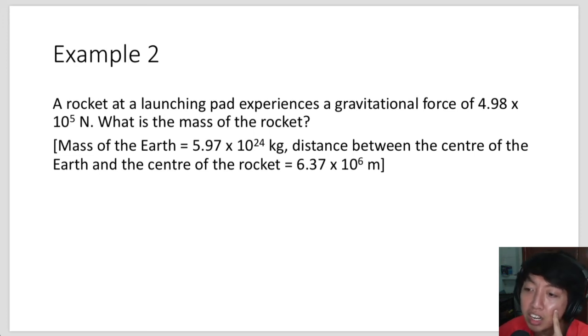Kamu kena biasakan dirilah dengan standard form because for big numbers memang dia akan banyak menggunakan standard form.